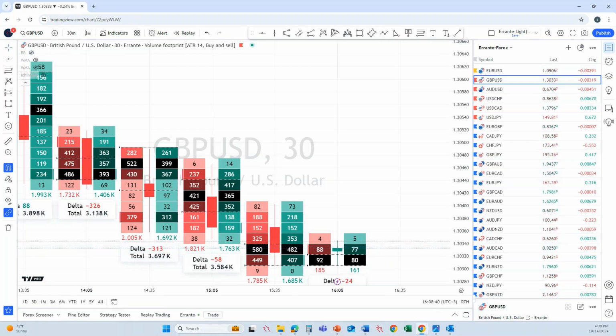So unlike a regular candlestick or bar chart, which only shows us where a price has been, the volume footprint chart tells us where the volume has occurred. That is where traders are placing their trades and showing interest, especially with these price ticks. So why is the volume footprint important?